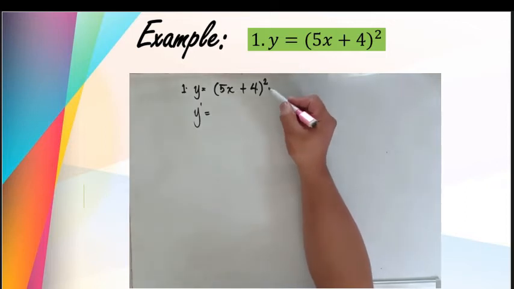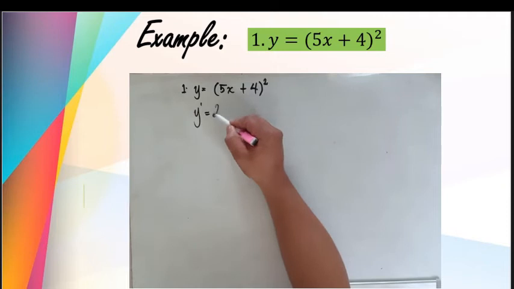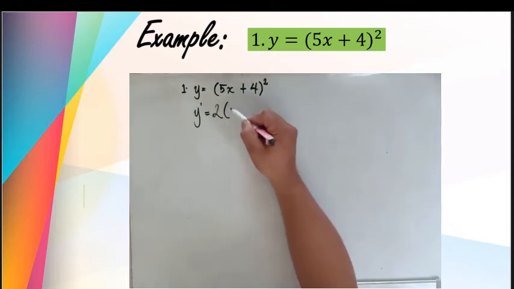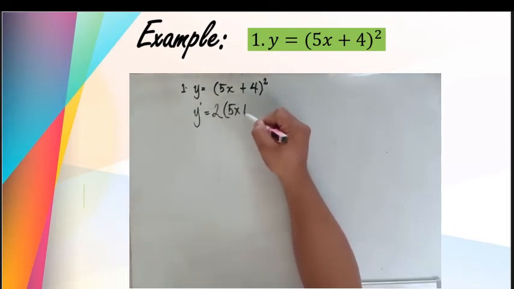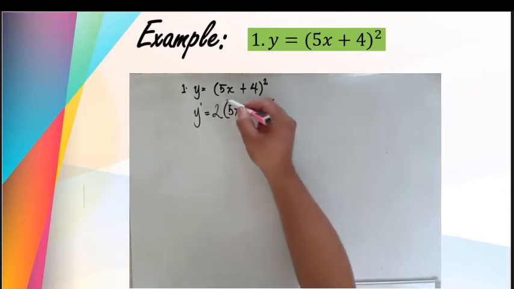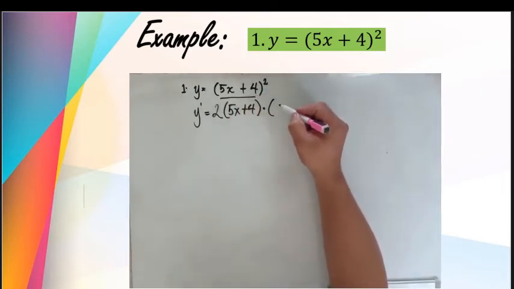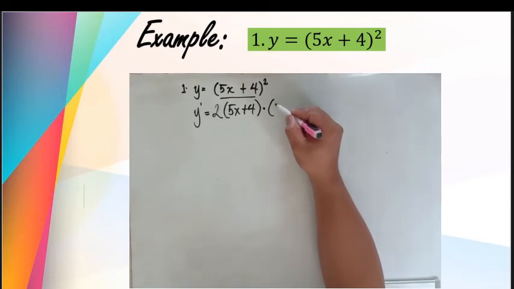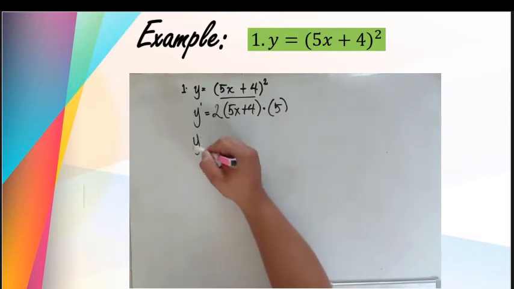So let's apply the power rule. Let's put this 2 here, then copy the whole 5x plus 4, and don't forget to subtract 1 from the exponent. So 2 minus 1 is 1, so there's no need for you to write that 1. And let's always multiply the derivative of the inner function, which is 5x plus 4. And what is its derivative? Yes, the derivative is 5. Now, simplify it further.